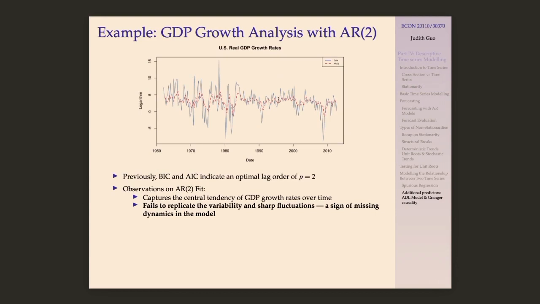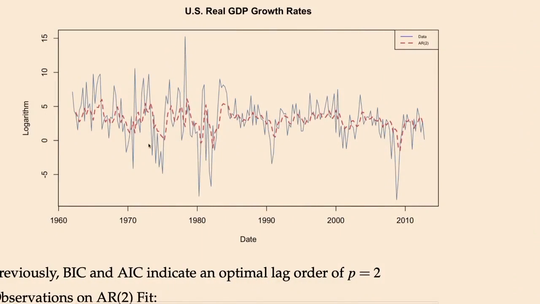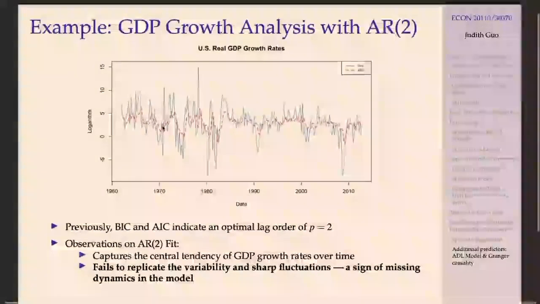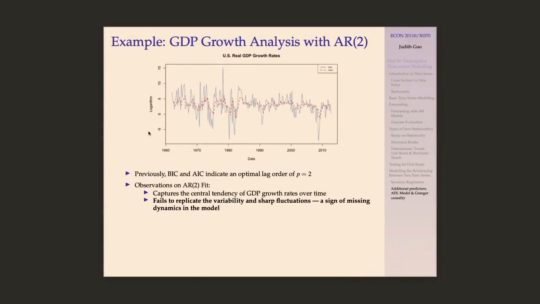Now, from the plot, where we have plotted the actual data in blue and the fitted AR(2) in red, what we can see here is that the AR(2) seems to capture the central tendency, the long run average, quite well, but it falls short in capturing the volatility. So essentially, this suggests that there is some missing dynamics in the model. But this is the best we could do with an AR model. Okay? Then how can we improve on top of that?